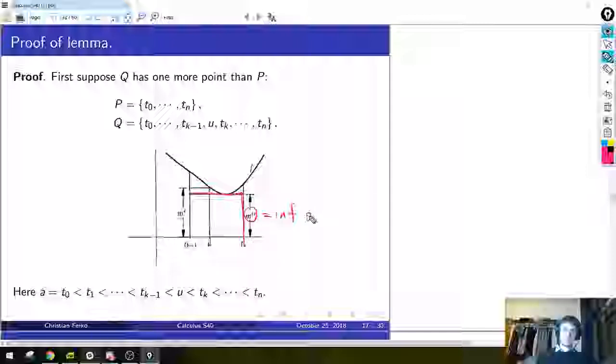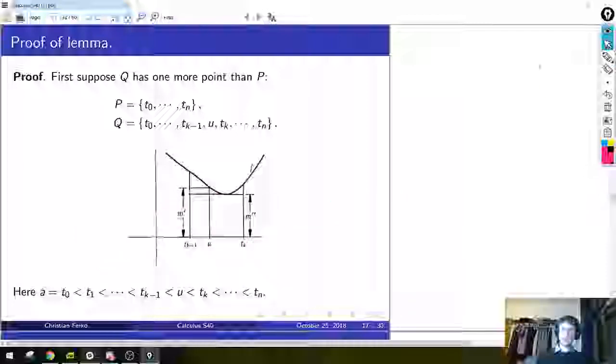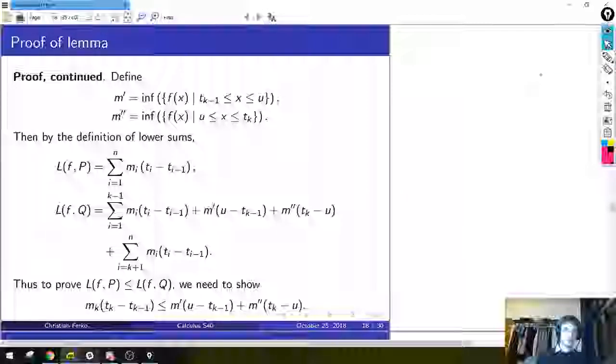So this is the infimum on the second half, U to t sub k, and M prime. I confused myself. The prime and double prime ones are both supposed to be in the partition Q, but they're the first half and second half. So M prime is the inf on the first half, t sub k minus 1 up to U. So I was slightly misleading, but anyway, fine. So we have a new partition Q.